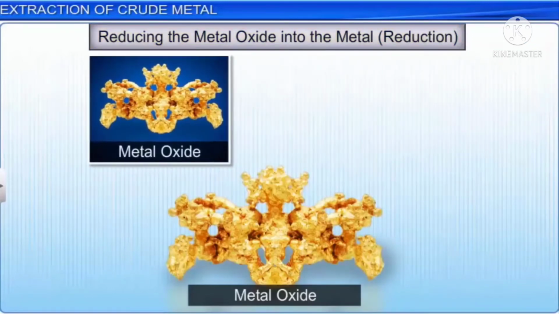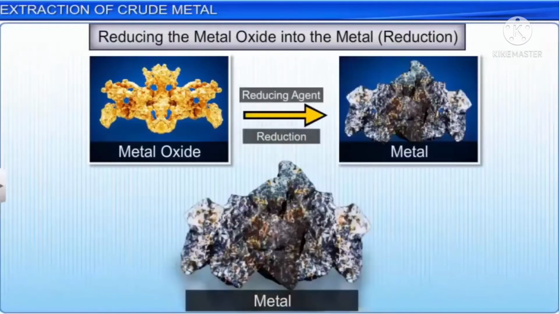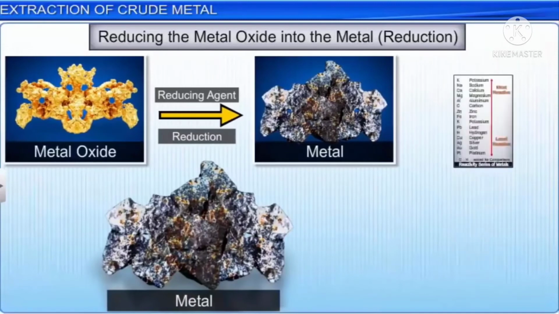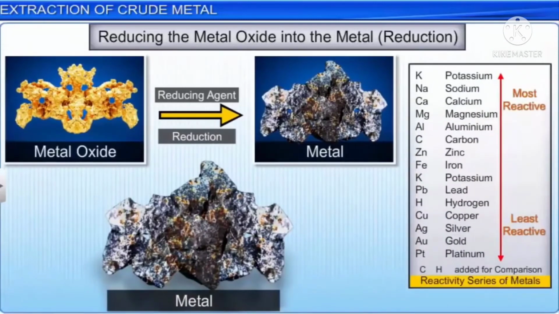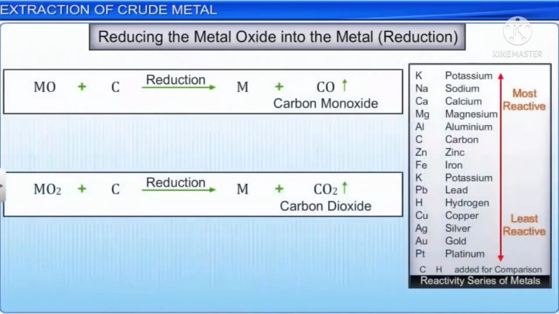The metal oxide is reduced to metal by using a suitable reducing agent. The choice of the reducing agent depends on the reactivity series of the metal. When carbon is used as the reducing agent, it combines with the oxygen of the metal oxide to give metal and carbon monoxide or carbon dioxide.